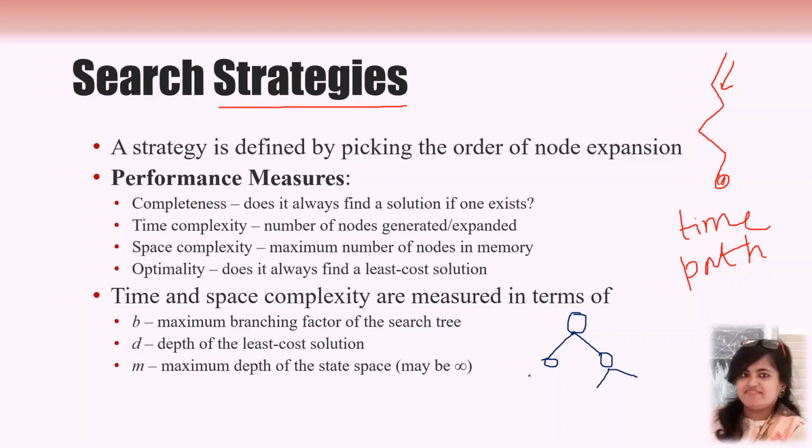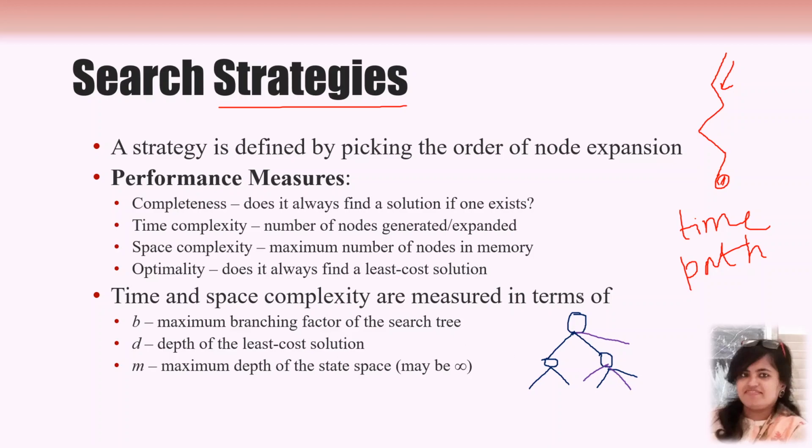That is, the maximum number of branches of any node in the tree is 2, then the branching factor becomes 2. Now suppose there are more than 2, that is, one particular node has 4 branches, then the branching factor becomes 4.